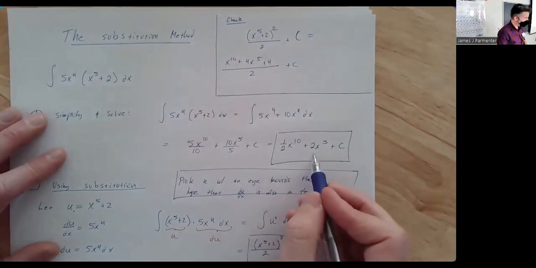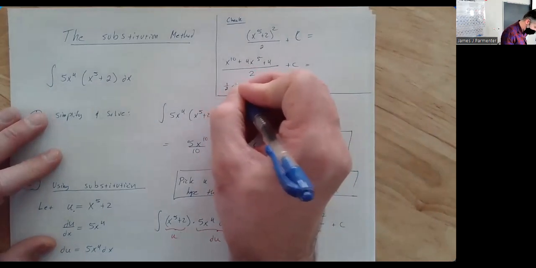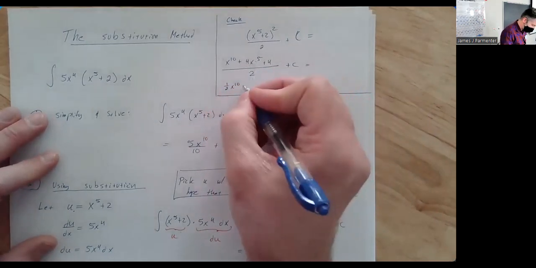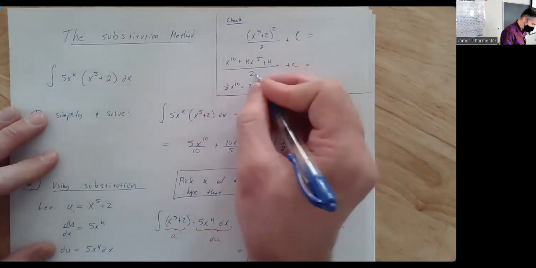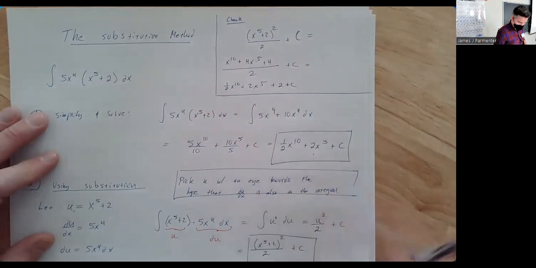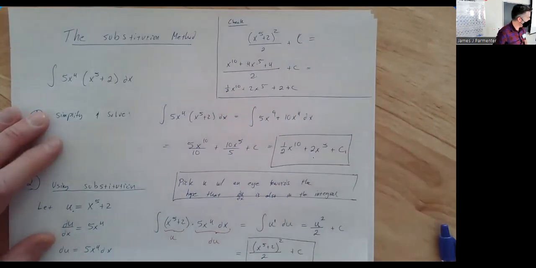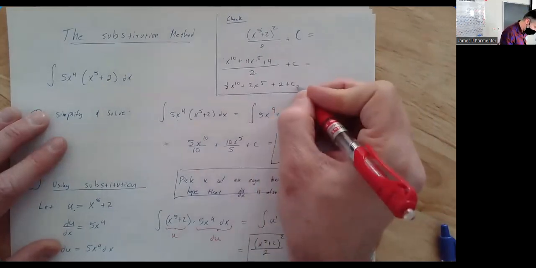And if I compare it to that, x to the 10th over 2 is 1/2 x to the 10th, and 4x to the 5th over 2 is 2x to the 5th, and 4 over 2 is 2. So look, it's essentially the same answer. The only difference is here my constant is like maybe c1, and here my constant is 2 plus c2.